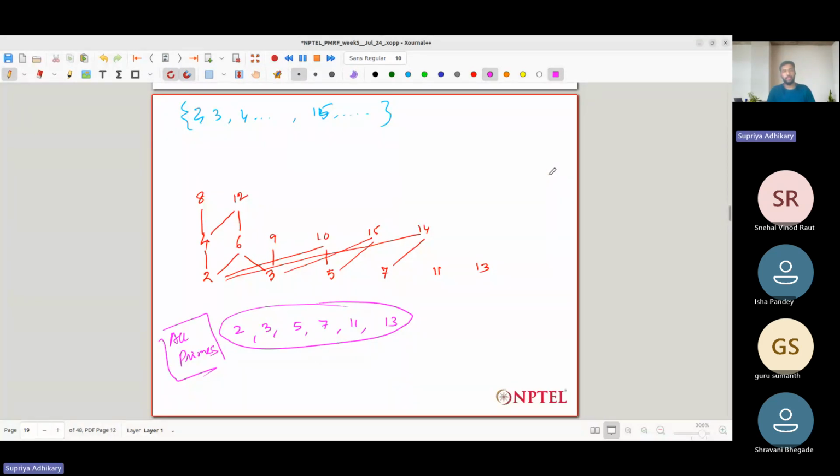All of these prime numbers are basically the minimal elements. Since we know that prime numbers only have two divisors, the prime number itself and 1, and since we have already excluded 1, there is no divisor which is distinct from the element itself.